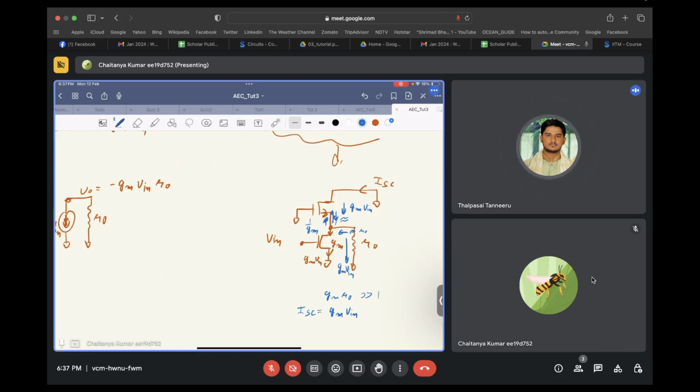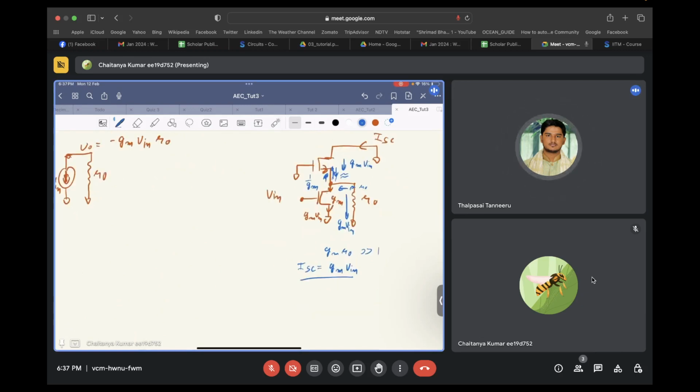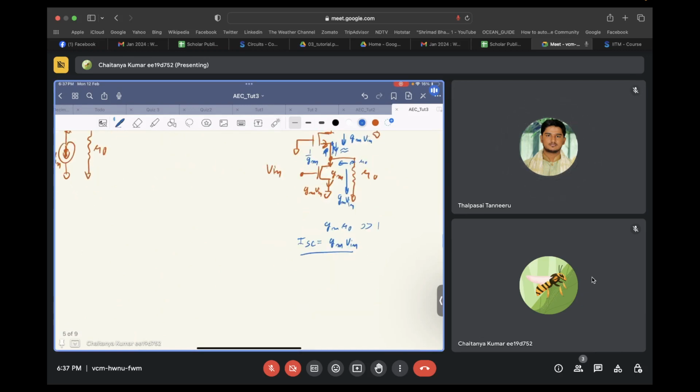Do you get it? Yes, sir. Okay. So ISC is equal to gm times v in, and what will now be the Norton resistance? This is gm, this is ro, and this is grounded.